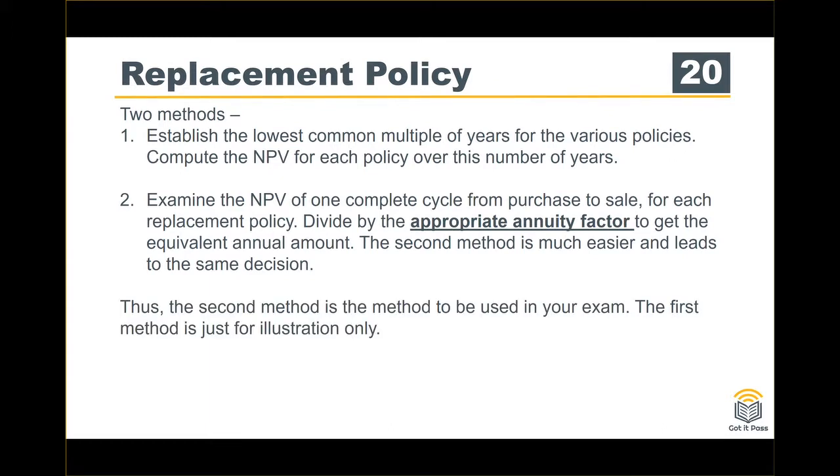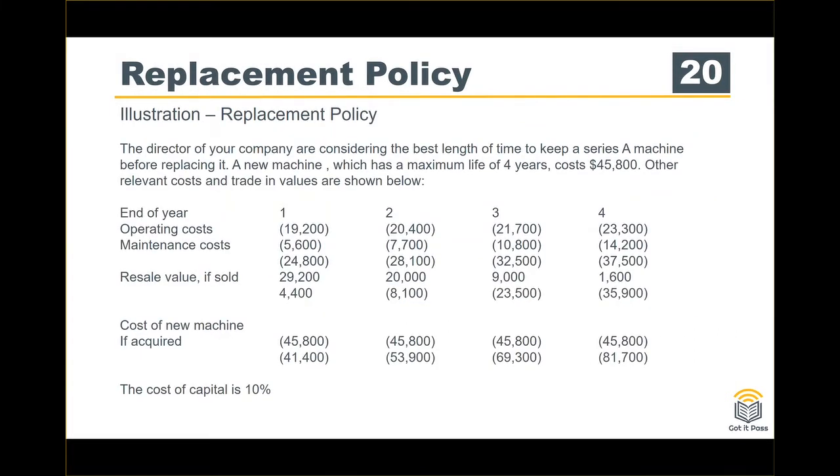The first method is only for illustration. So here is an example. Please read it and then come back, and I will share with you how to work it out.